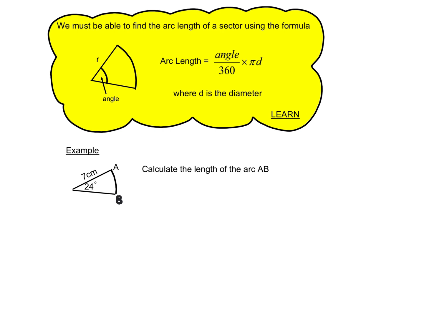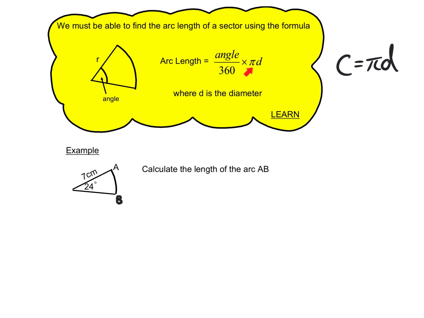First thing we're going to look at is how we find the arc length of a sector using a formula. Now, remember arc length, or the arc, is just a fraction of the circumference. So the whole circle has a circumference, and this little bit here, this curved part, is just an arc. The formula for the circumference of a circle is c equals pi d, that's how I'd find the circumference of a circle.